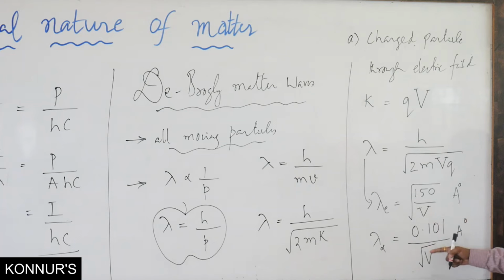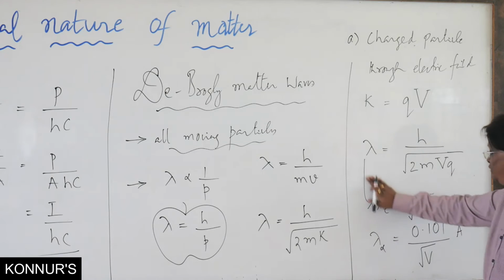So this root V is a common term that you have taken in all the cases. For electron the numerator is 12.26. For proton you have seen it as 0.286, and for alpha particle it is 0.101. Try to write it and try to memorize. Even if it is not the case, don't worry. If you don't remember also, in the examination, substitute the values, you will find your options very friendly.